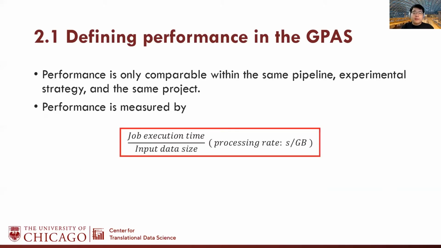As a result, job performance is only comparable in the same pipeline, experimental strategy, and project. We measure the performance using job execution time divided by the input size, which we call processing rate. Interested audience can refer to our paper for more information regarding the tool details and the performance distributions.